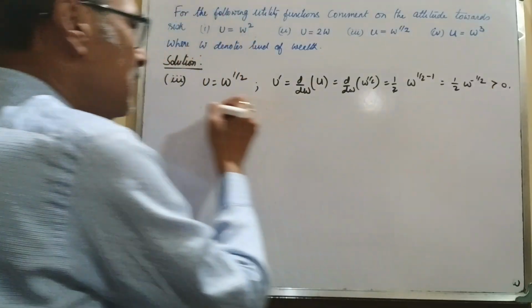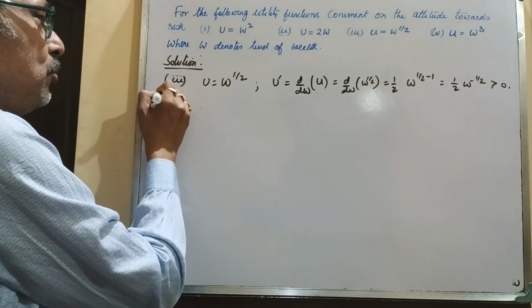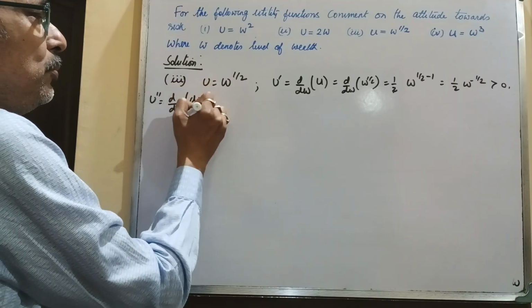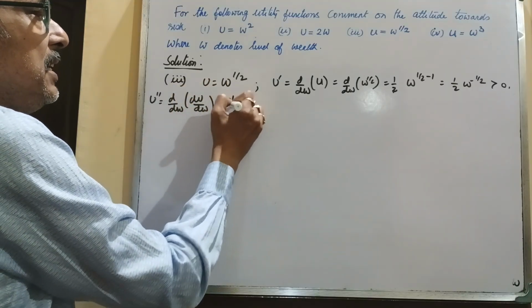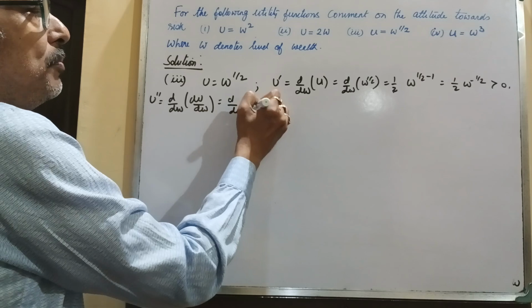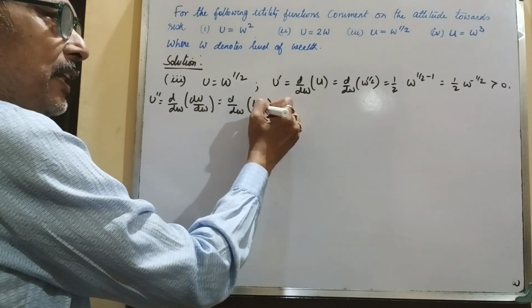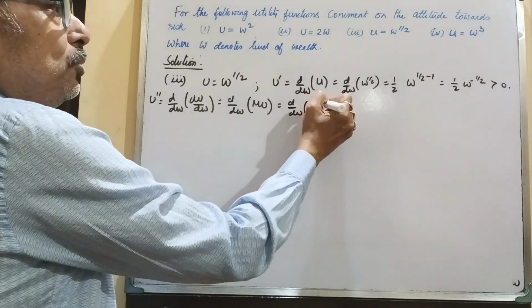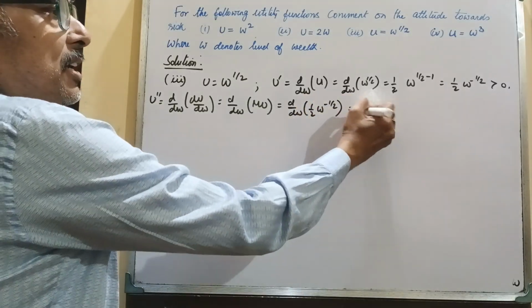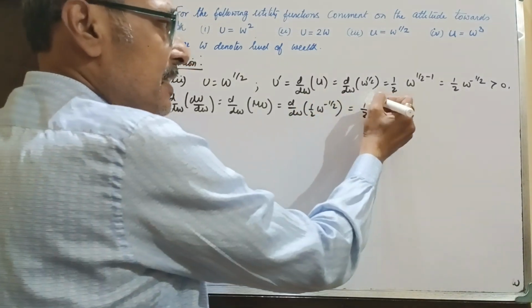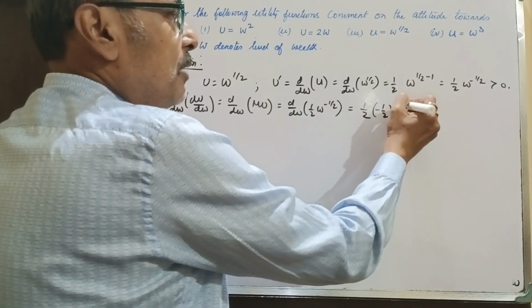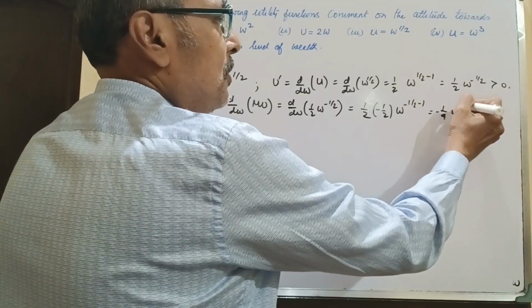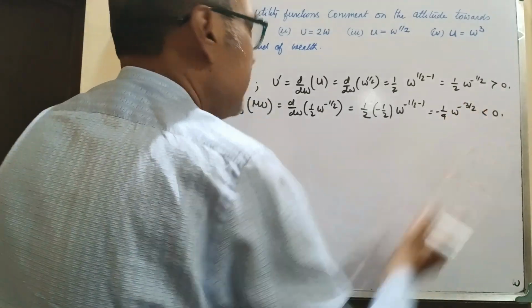This is positive. And the second order derivative, u double prime, equals d/dw of du/dw, d/dw of marginal utility of wealth, MU. I am writing half w to the power minus half. We differentiate, half is constant. This minus half comes here, then w to the power minus half minus 1, that is minus 1 by 4 w to the power minus 3 by 2. This is negative.